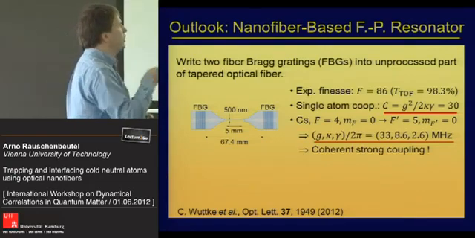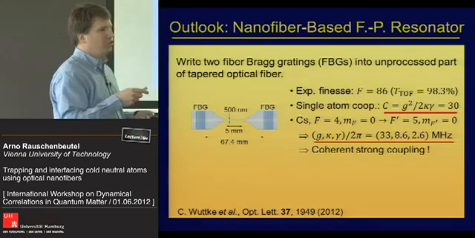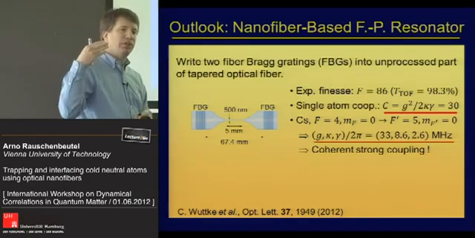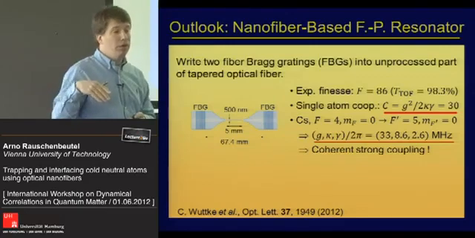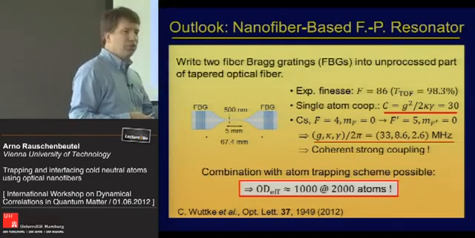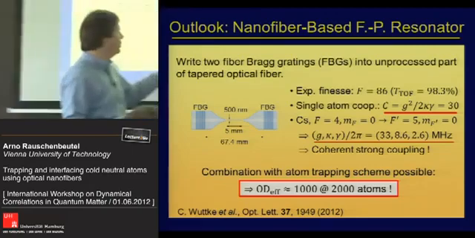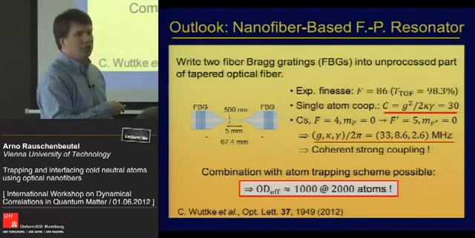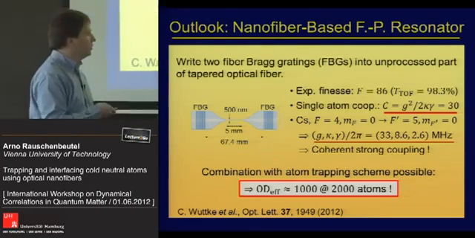This means, and the exact calculation tells you, that if you have some optical depth inside the cavity, you have to multiply it by the finesse divided by pi. So in this case, you multiply the optical depth of 30 that we could realize so far by the finesse divided by pi, and you end up with about an OD of 1,000 for 2,000 atoms.